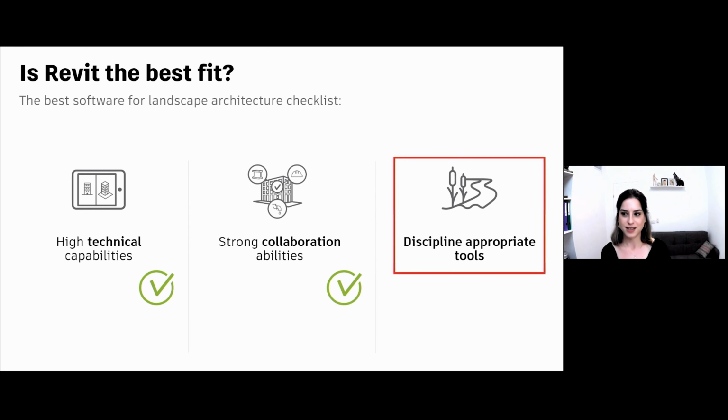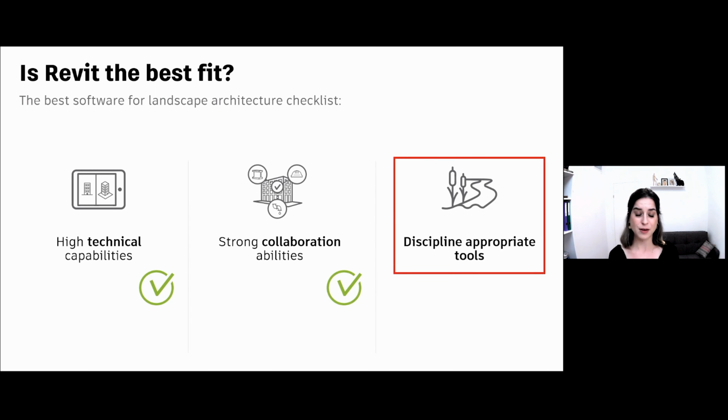But let's face it, when you're looking for discipline appropriate tools, Revit is not so friendly with landscape architecture. There are a lot of landscape firms that have successfully implemented Revit already, but oftentimes they use very complex workarounds, and also they use additional software like Dynamo or Civil, which landscape architects don't really like.